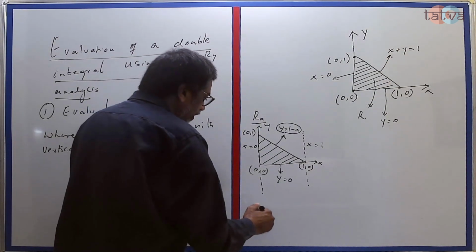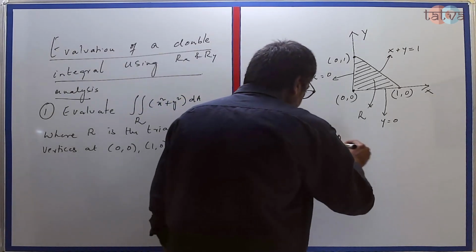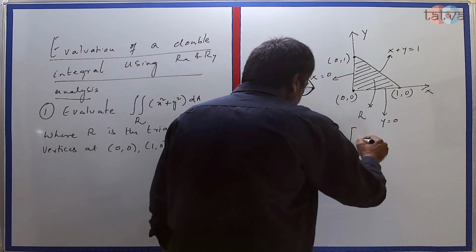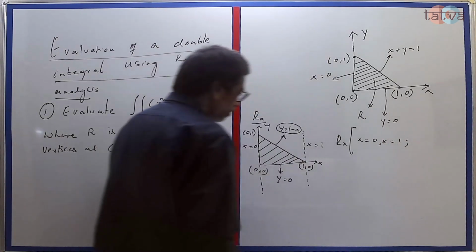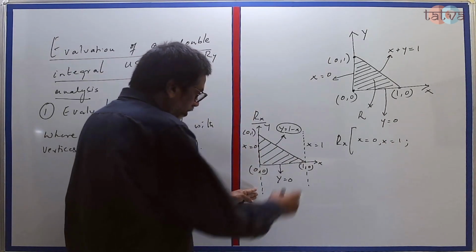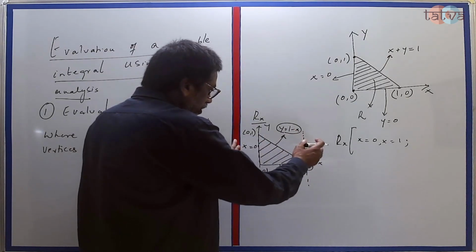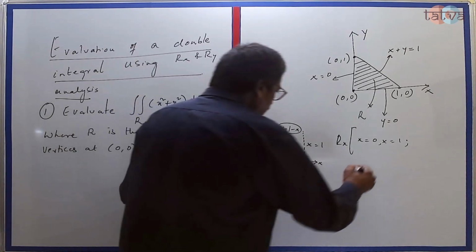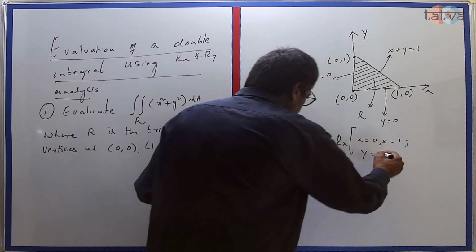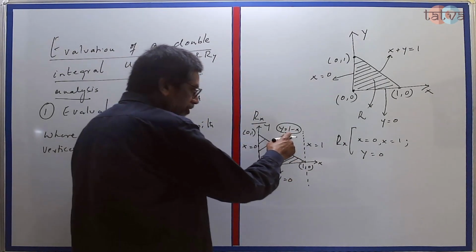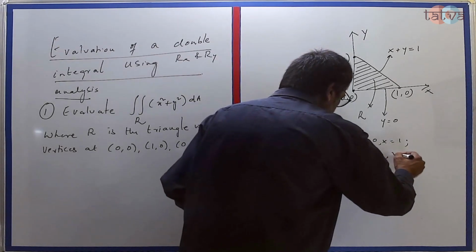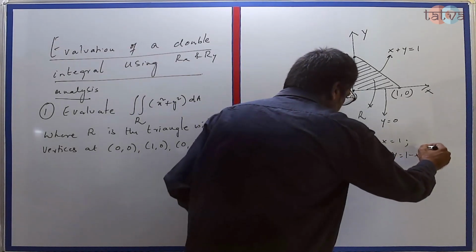So I can write this region as Rx described by x is equal to 0, x is equal to 1. This is the lower limit of x, this is the upper limit of x, which should be constants. Then coming to the y limits, the lower curve will offer the lower limit and the upper curve will offer the upper limit. So y is equal to 0, y is equal to 1 minus x.